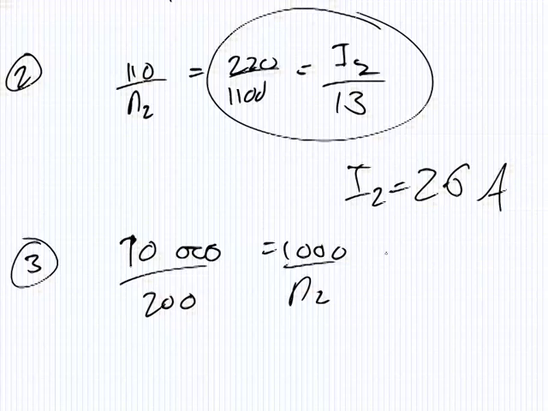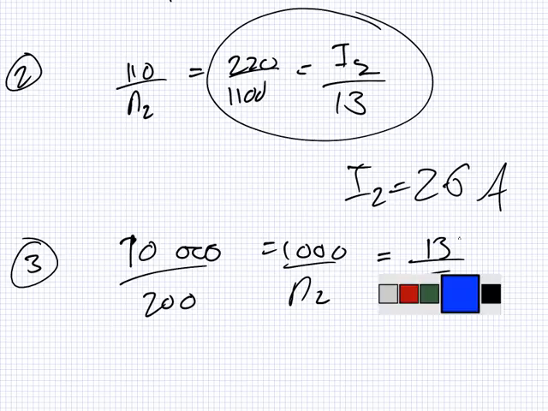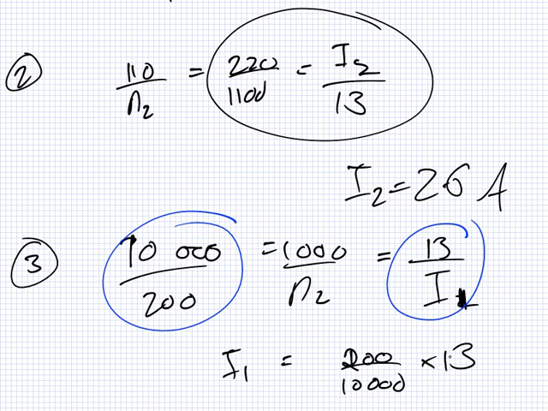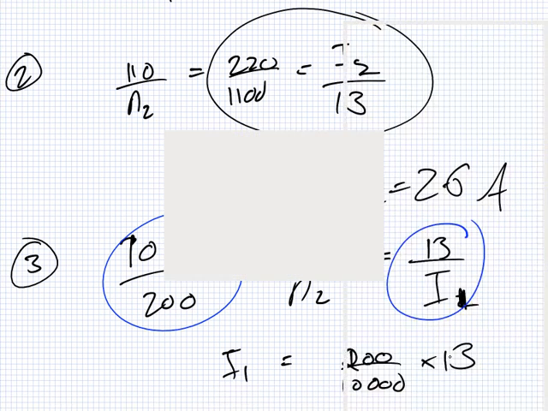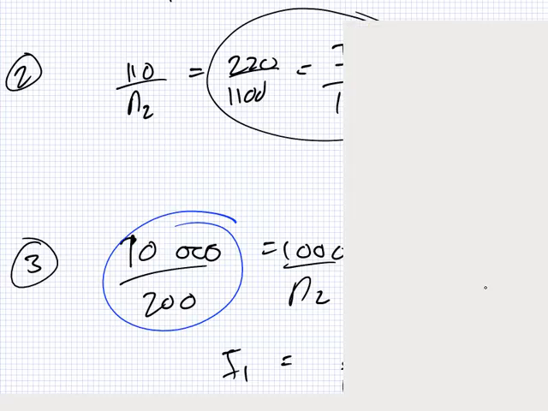Which equals I2 over I1. So I should say this equals this. I get I1 equals 200 over 10,000 times 13. So I should get a really small number. A quarter of an amp.